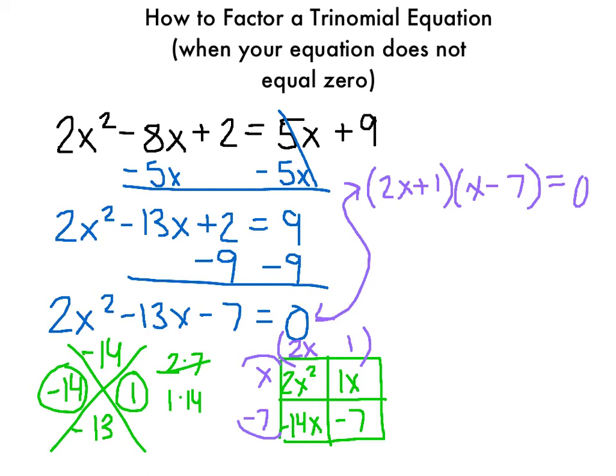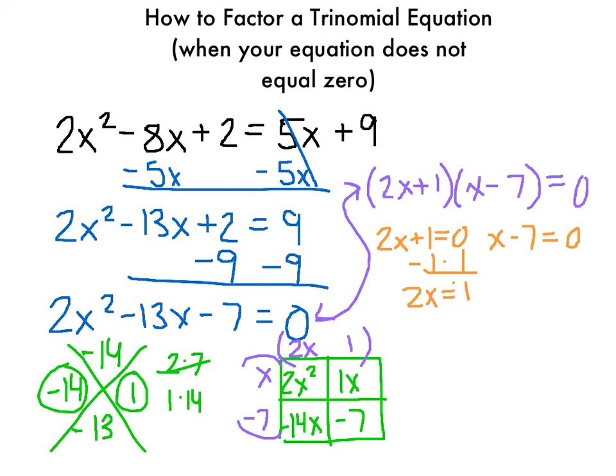So now comes the easier part. We're using the zero product property. When we're using the zero product property, we take each factor and we set it equal to 0. So let's go ahead and do that. We have 2x plus 1 equals 0, and then we have x minus 7 equals 0. I'm going to solve for x. You subtract 1 on both sides. That's using our BS math skills.